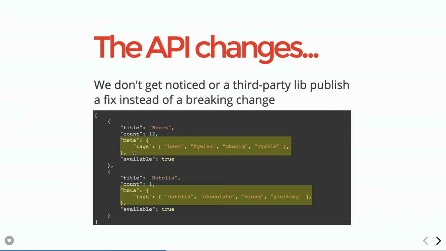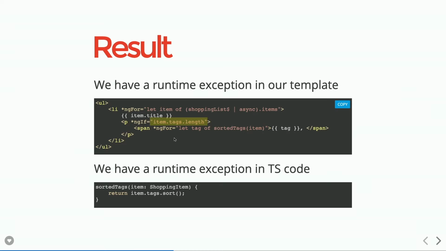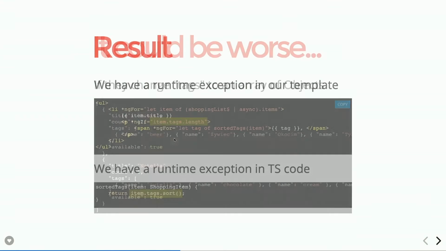Maybe this is a third-party API, and you didn't know that the API changed. We have a runtime exception because tags doesn't exist anymore. And also, we have a runtime exception in our TypeScript code because tags doesn't exist, so it doesn't have sort or length, and your code just breaks and you don't know why.